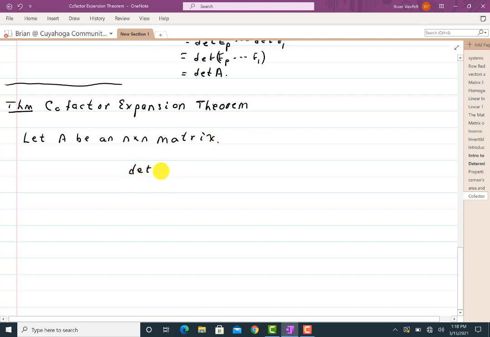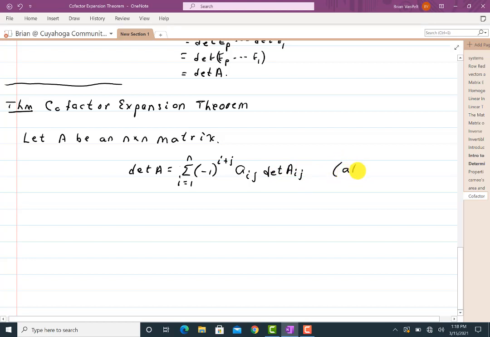Then it simply says the determinant of A equals the sum i equals 1 to n, negative 1 to the i plus j, a sub ij times the determinant of capital A sub ij.